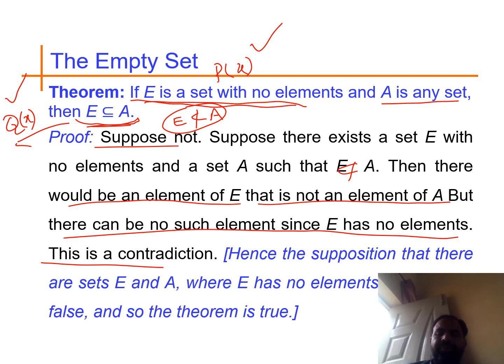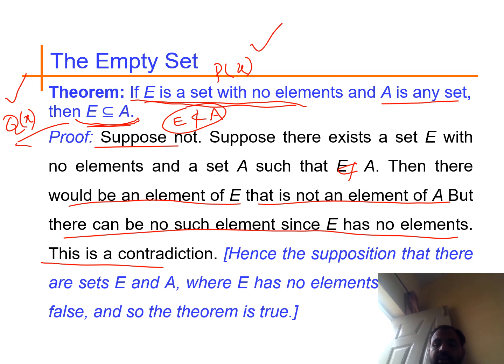The empty set. If E is a set with no elements and A is any set, then E is a subset of A. We suppose not, that is, X doesn't belong to A. Suppose that there is a set E with no elements and a set A such that E is not a subset of A. Then there would be an element of E that is not an element of A, but there can be no such element since E has no elements.